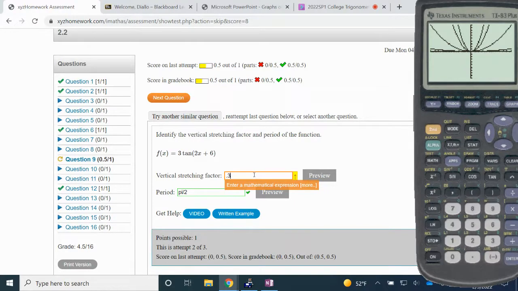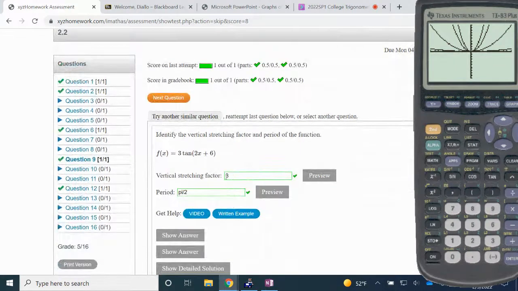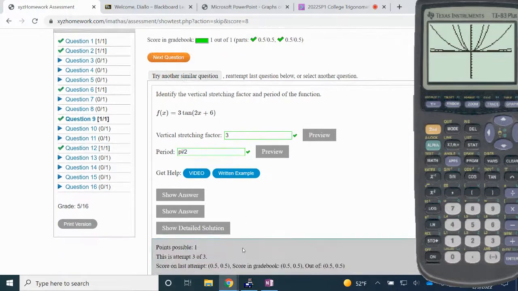The vertical stretching factor should be 3. I think I put in a 0.3, but that vertical stretch factor should be 3.